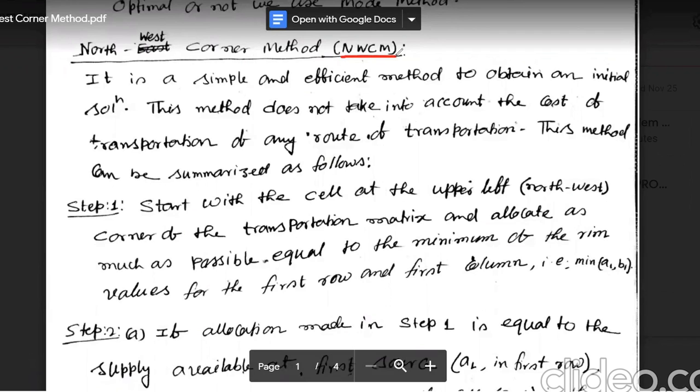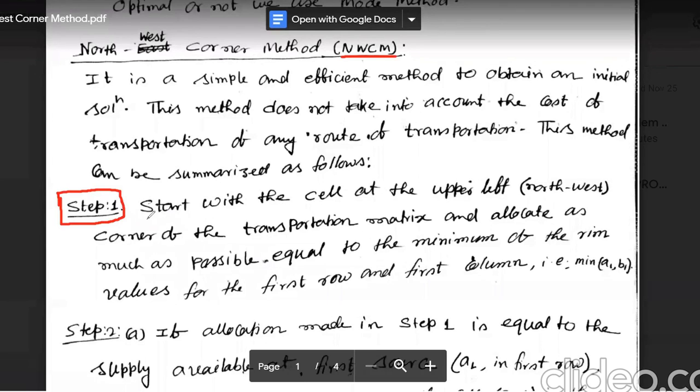If it is unbalanced, first make it balanced and then follow the process. I will go through the steps here, and then discuss them in the problem.